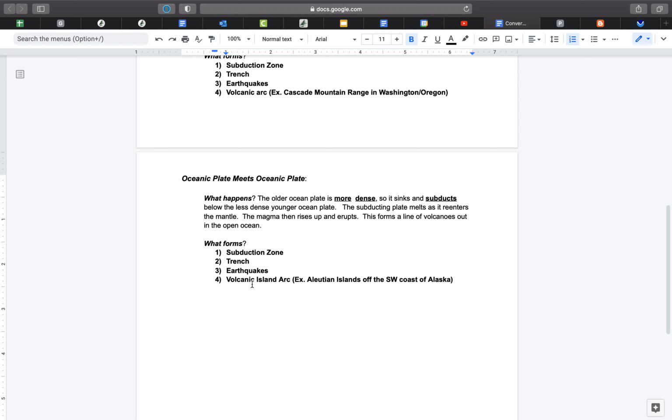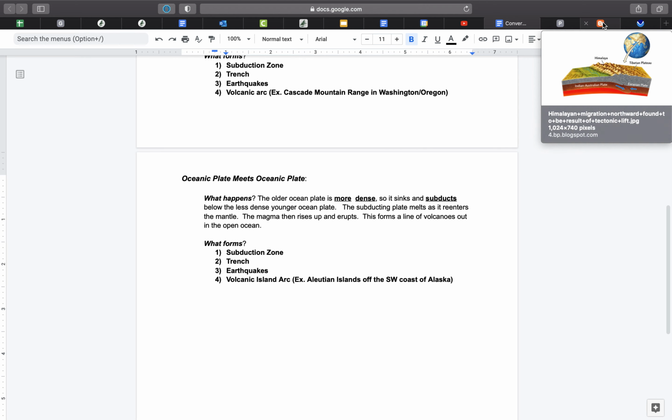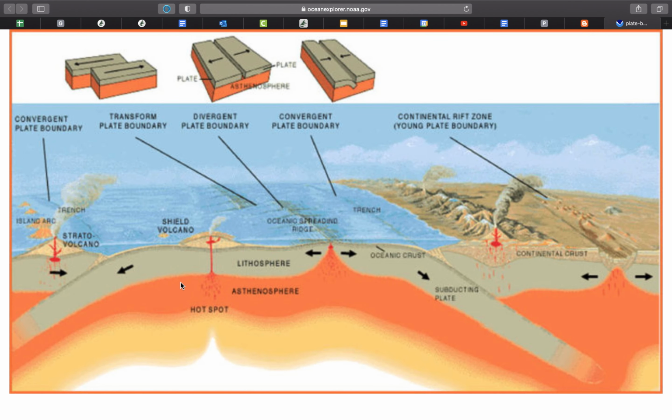But in this case, because you have two oceanic plates and all that's really around is those oceanic plates and a bunch of water above them, instead of volcanoes on land, you get volcanic islands. They start out as underwater volcanoes, and given enough time and activity, they will turn into volcanic islands, very much like the islands off the southwest coast of Alaska called the Aleutian Islands.